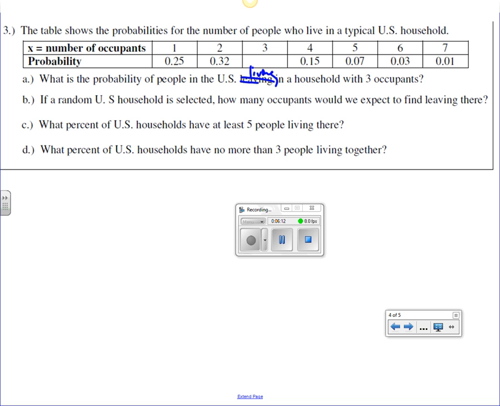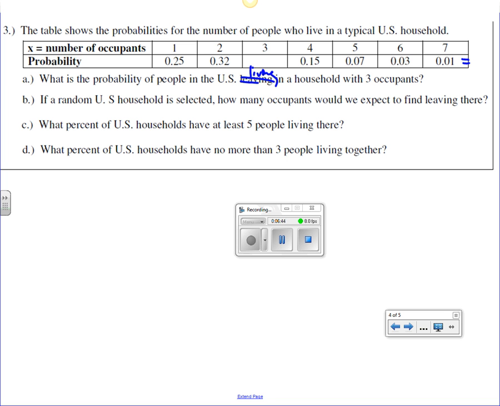Anybody have an idea on how we could find the missing one? Add them all up. Good, and subtract it from 100. So go ahead and add them up. 0.25 plus 0.32 plus 0.15 plus 0.07 plus 0.03 plus 0.01. What you got?